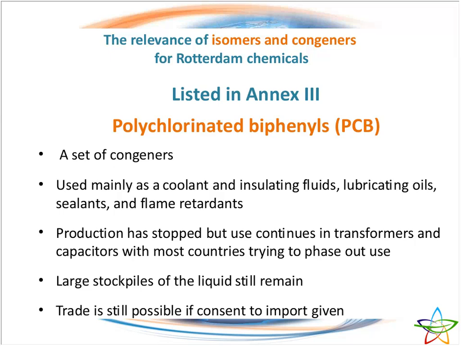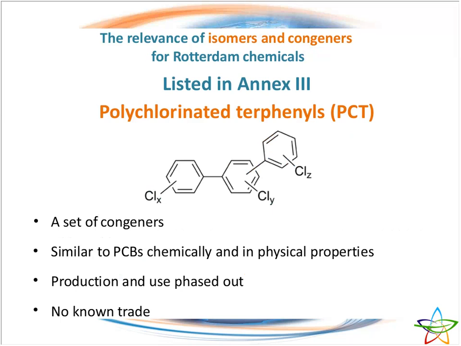The trade is still possible with consent of import, if the consent of import is given to certain countries under certain rules. Now, for the polychlorinated terphenyls, there is a set of congeners. Believe it or not, there are 8,000 congeners, or 8,000 possibilities of replacing the chlorine atoms on these 3 phenyl rings.